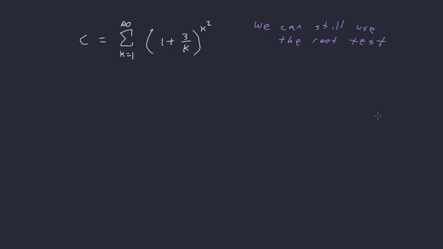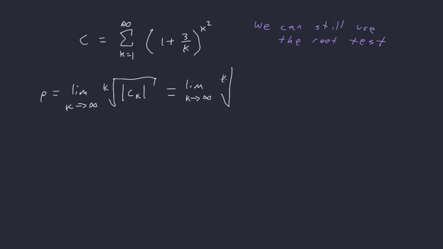And I really suggest that we do, because when we find our rho, which is the limit as k goes to infinity, in this case it'll be the kth root of the absolute value of c_k. Well, this will always be positive, so we could really drop the absolute value bars if need be.